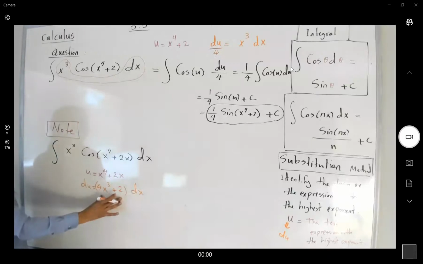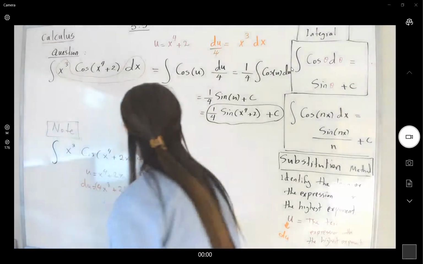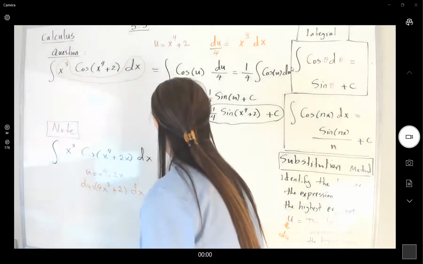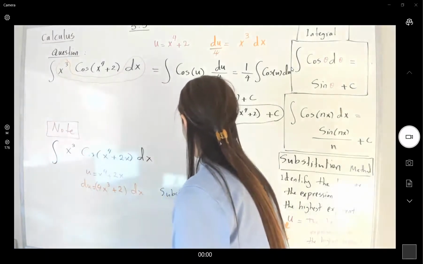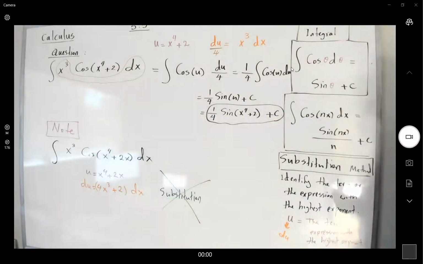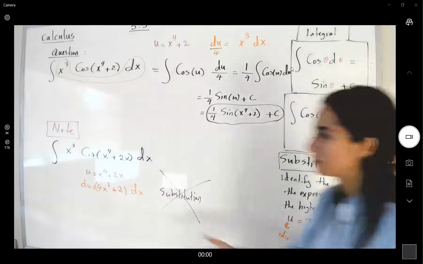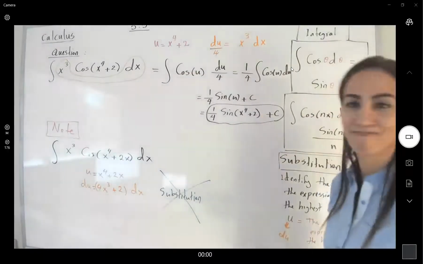Do you have 4x to the third plus 2? You only have x cubed. So substitution doesn't work. If you have 4x to the third plus 2, yes, of course, you can continue. Otherwise, if it's just x to the third, no.